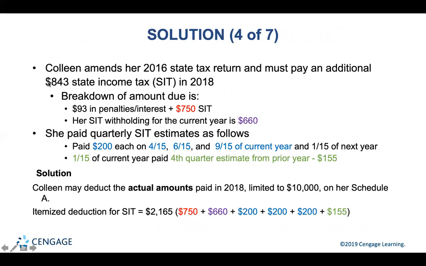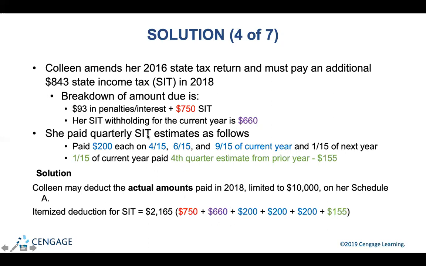Of the $843, she can deduct $750 of that as taxes. This $93 in penalties and interest is not deductible as state income tax. Her withholding for the current year is $660. That is includable in her amount that she's able to deduct.